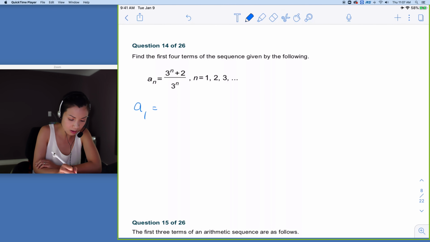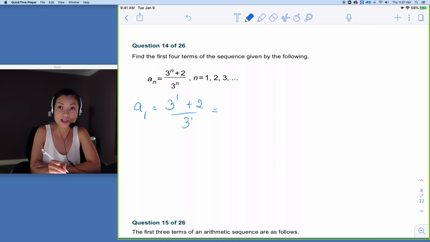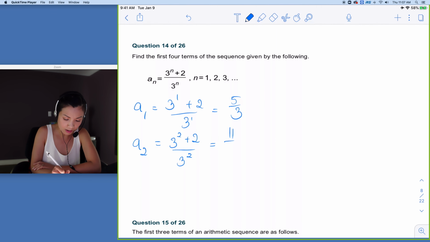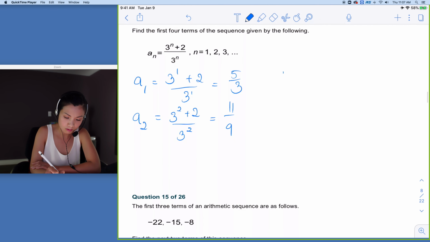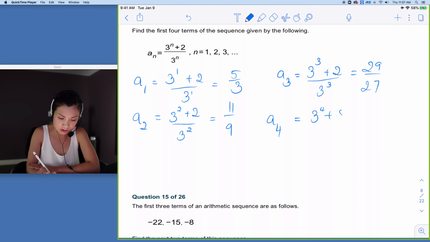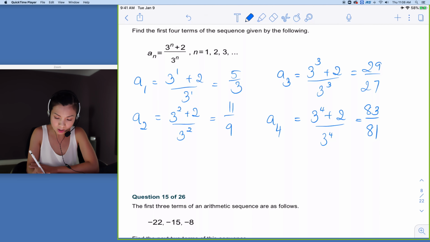So a1 is going to be 3 to the first power plus 2 over 3 to the first power, which is 5/3. a2 is 11/9. a3 is 3 cubed plus 2 over 3 cubed, which is 29 over 27. a4 is 3 to the fourth plus 2 over 3 to the fourth, which is 83 over 81.